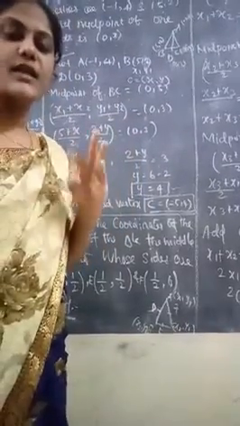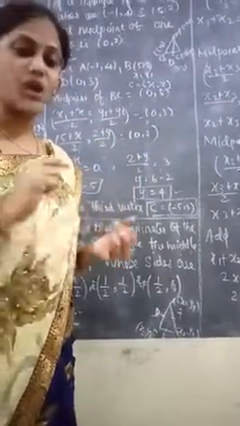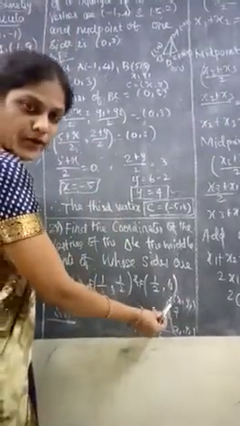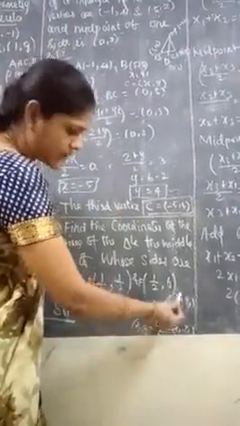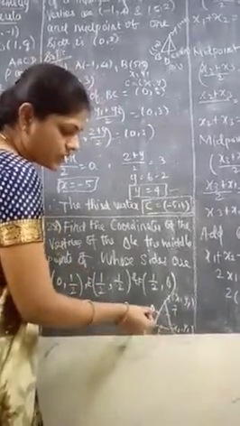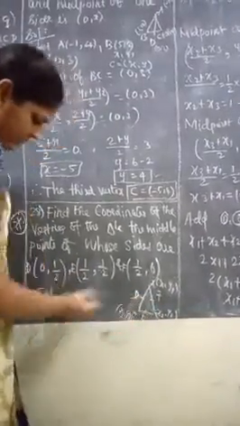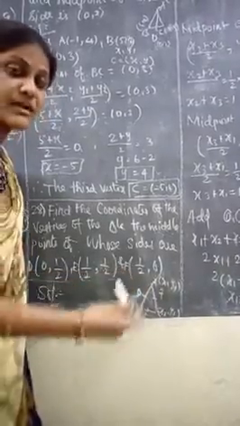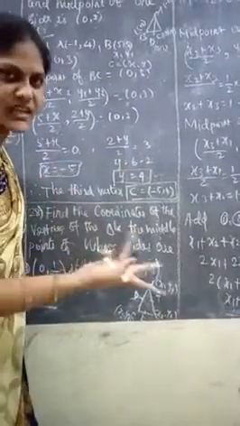We need to find the points A, B, C. This is A, this is B, this is C, and the midpoints are D, E, F. The midpoint values are given.